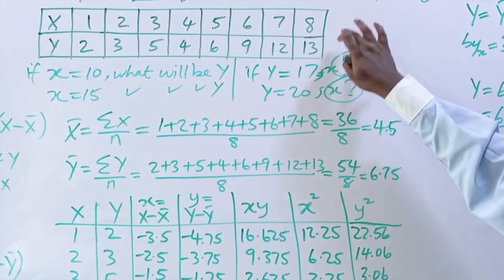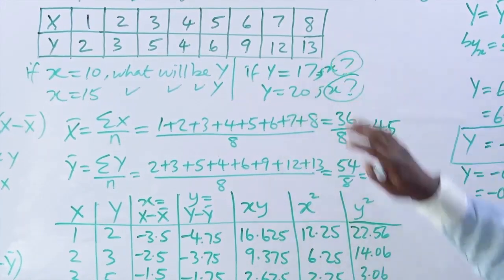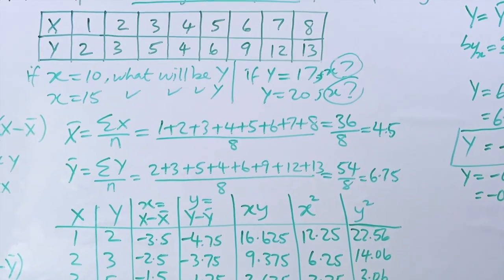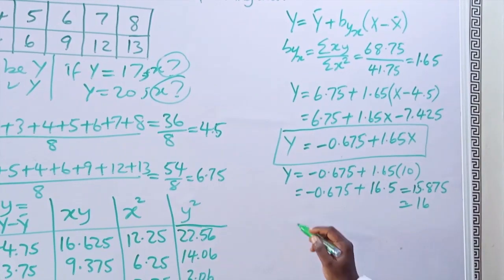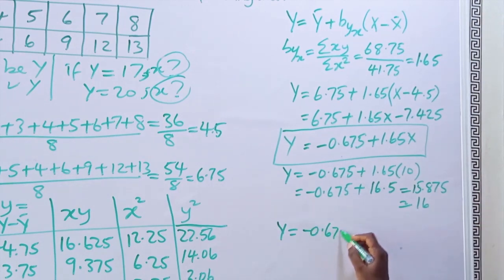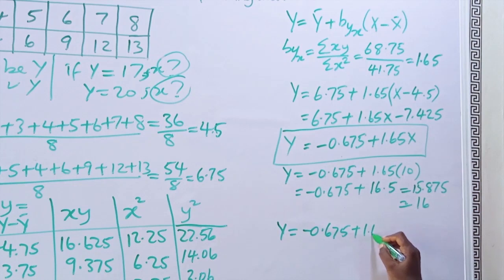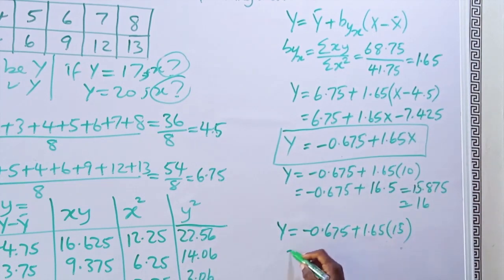That's what regression does. The second one is, if x were 15, let's solve that. We have minus 0.675 plus 1.65 times 15.